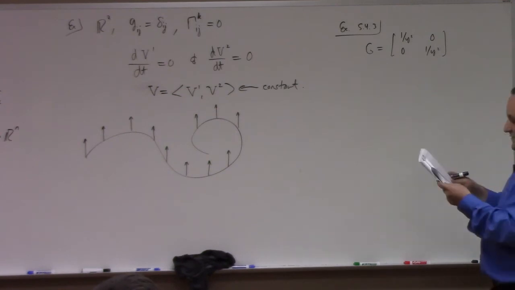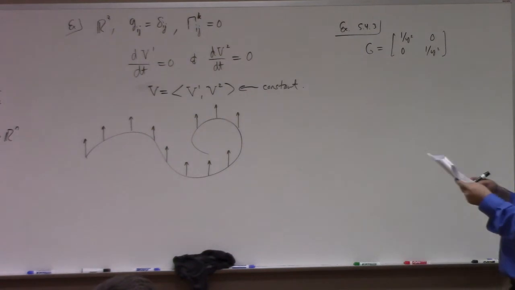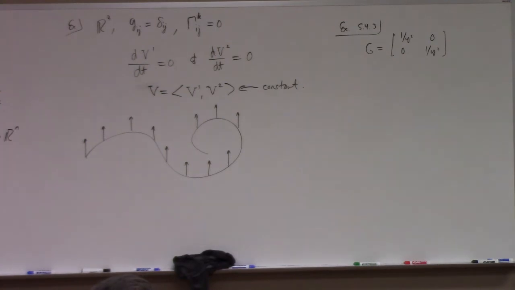Whew, goodness gracious. Well, I'm not even going to write it down. The conditions for a parallel vector field for the Poincare metric are quite complicated. They're ugly. If you look on page 227, they're written.